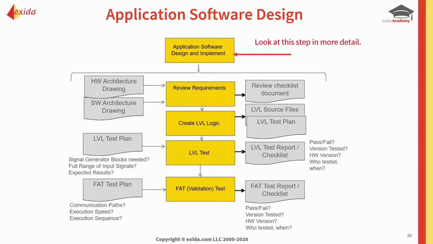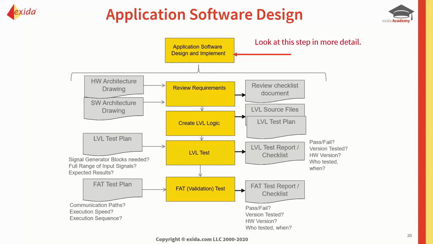So if this is inside the logic solver, what hardware version it is, or if it's for an instrument. And then who tested it and when was it tested? So all of that information needs to be recorded. And as I said, you can use a checklist to make sure, did we do that right? Have we covered it right?